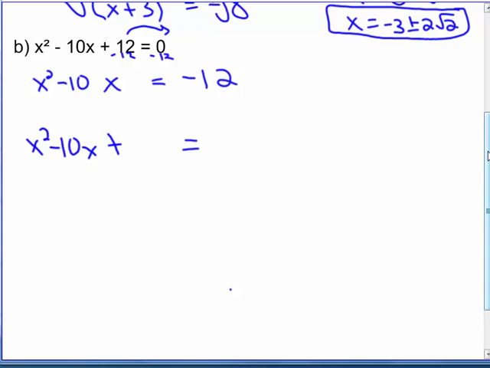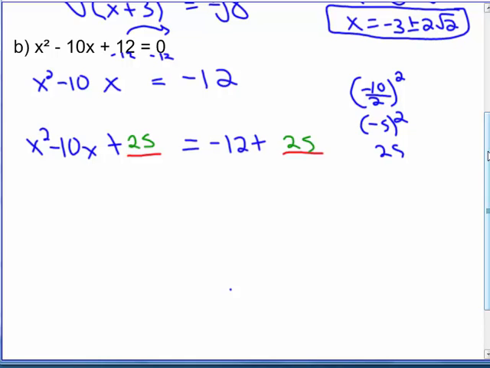Half of b, or b divided by 2, and then square it. So if I look at my middle term, it is a negative 10. Negative 10 over 2 squared. Well, that's negative 5 squared. So I'm going to add 25 to both sides.